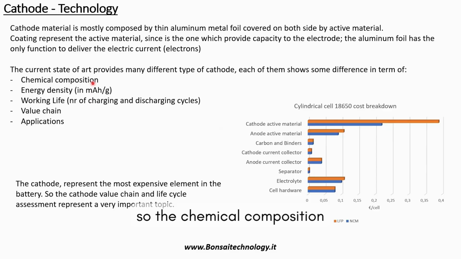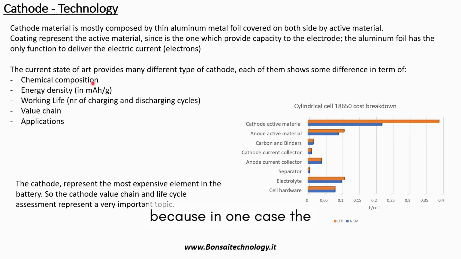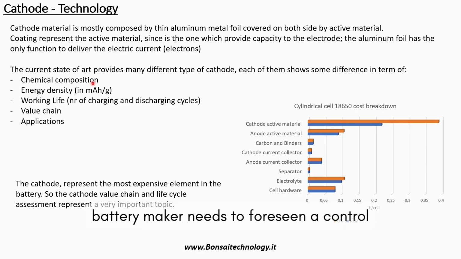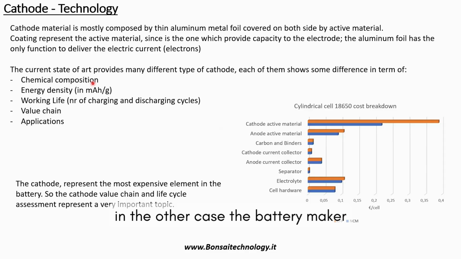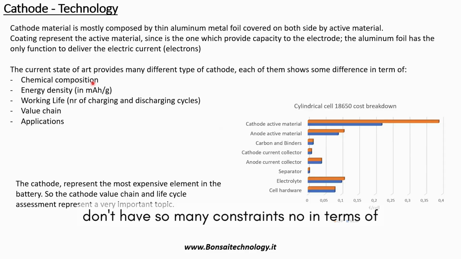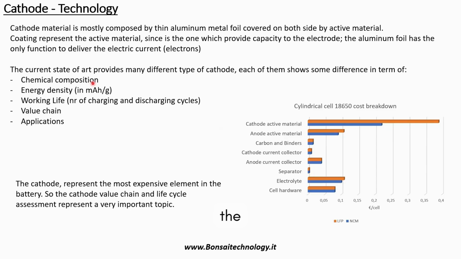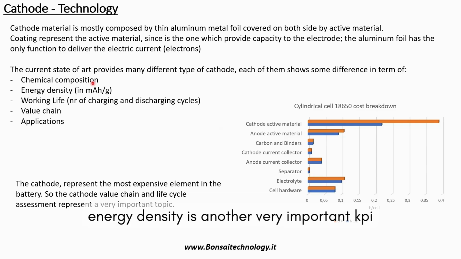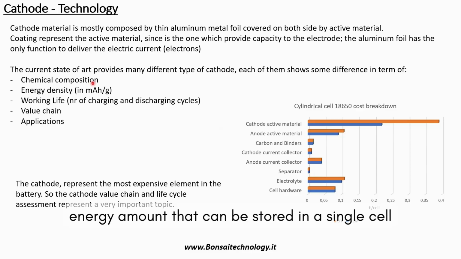So the chemical composition in this case affects the capital investment, because in one case the battery maker needs to foresee a controlled, dry environment in the production. In the other case, the battery maker doesn't have so many constraints in terms of humidity level in the production environment.